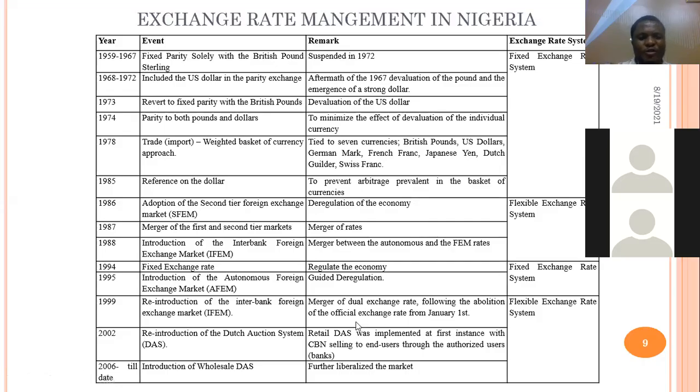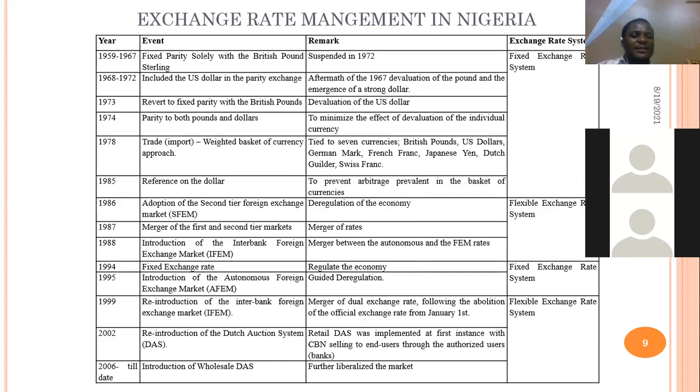So this tells you the different exchange rate policies that have been practiced in Nigeria between 1959 till date. Between 1959 down to 1985, they practiced a fixed exchange rate system. They pegged it to the dollar, pegged it to gold, pegged it to other currencies, and that was that.